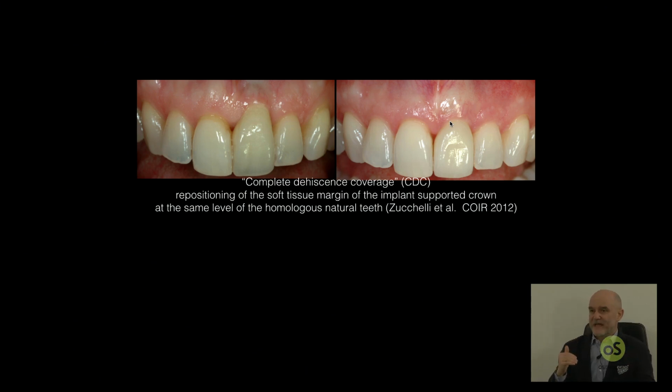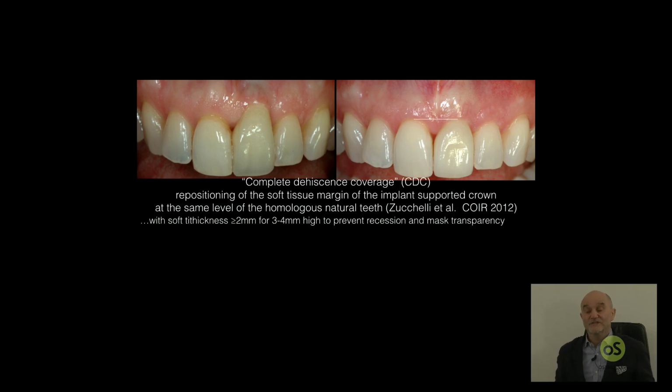It's also necessary that this soft tissue used to cover the implant-supported crown does not recede back, so as to prevent the risk of gingival recession or soft tissue dehiscence recurrence in the future. So we have to give to this tissue covering the implant-supported crown, at the same level of the homologous natural tooth, also the right thickness to prevent gingival recession from forming.